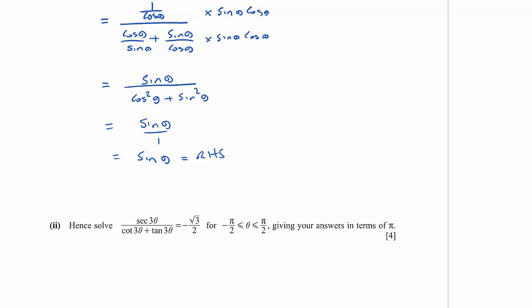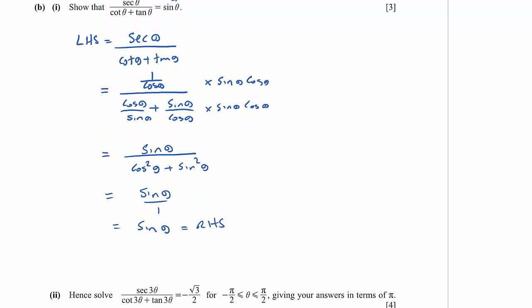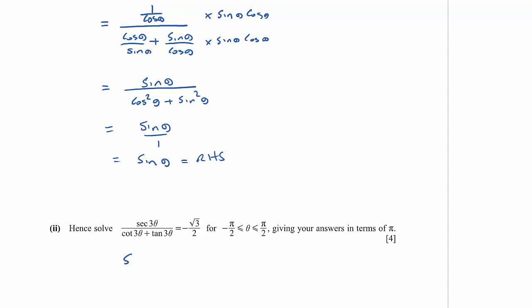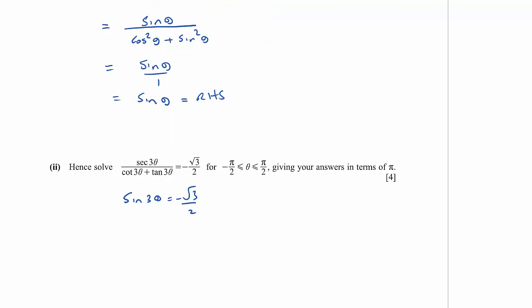Hence solve sec 3 theta over cot 3 theta plus tan 3 theta is negative root 3 over 2. Well, whether or not we were able to show this, we can replace the left-hand side of that with sine 3 theta. So sine 3 theta is going to be negative root 3 over 2. And we're going to be solving for 3 theta between negative 3 pi by 2 and 3 pi by 2.